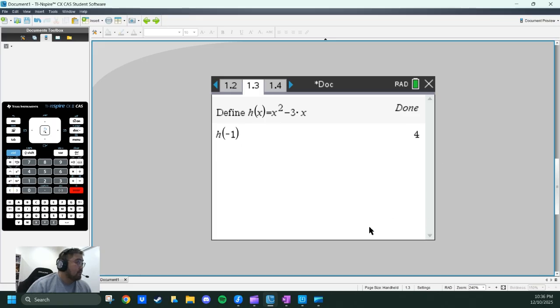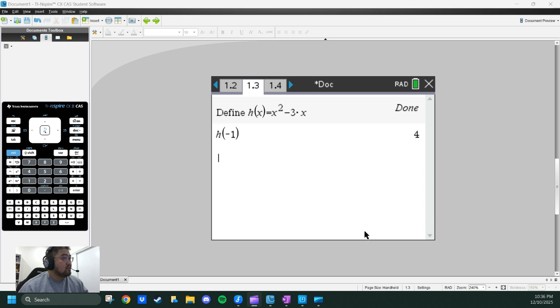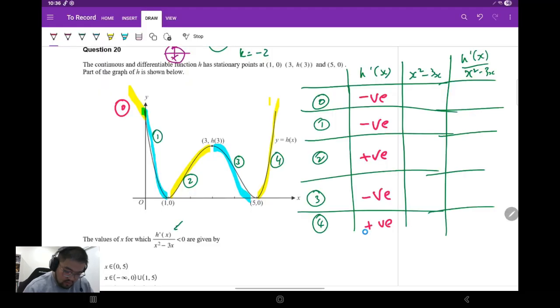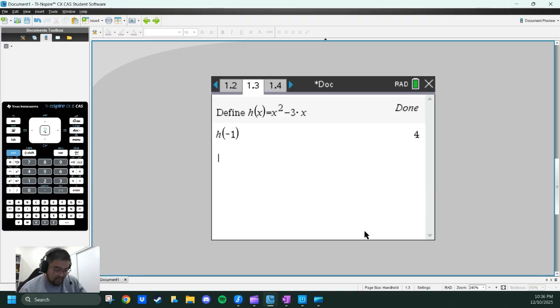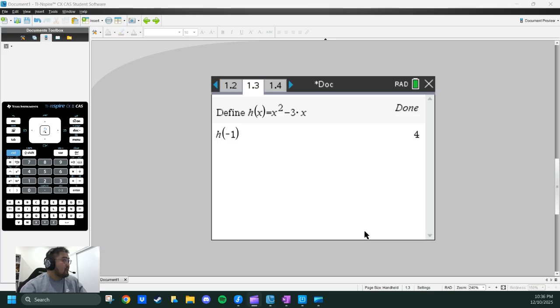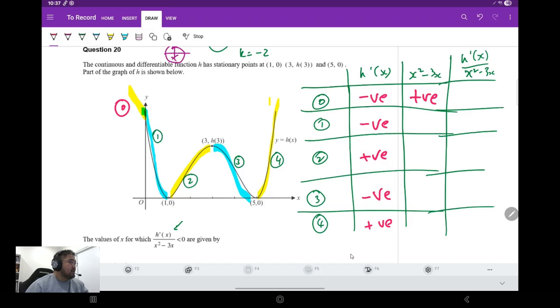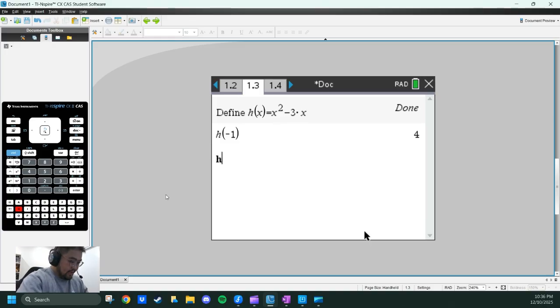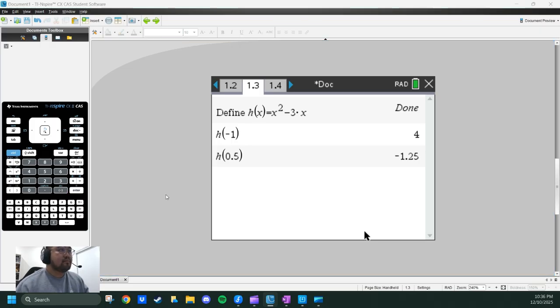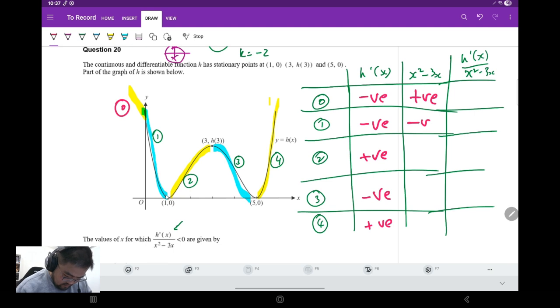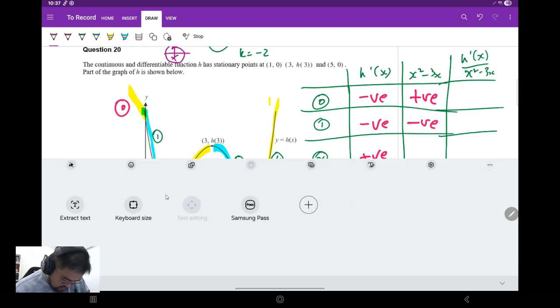We get a positive value. So since we get a positive value, we'll put positive here. Now the next thing we're going to check is this section where we've got 0 and 1. So I'm going to try h of a half. H of 0.5, and that'll be negative. So that's negative.